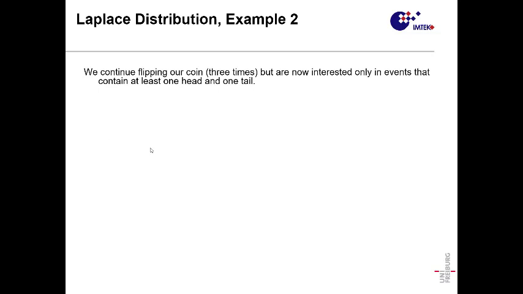So let's say that now we flip the coin 3 times, and we are interested only in the events that have at least one head and one tail. So we have to have at least a 1 and a 0.